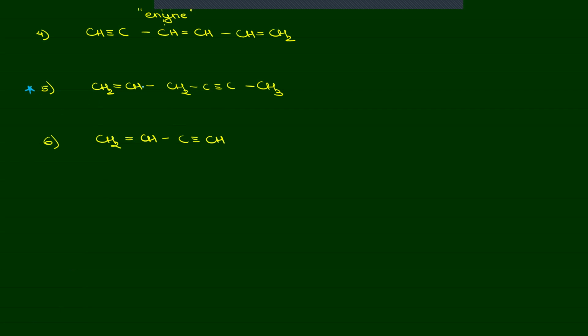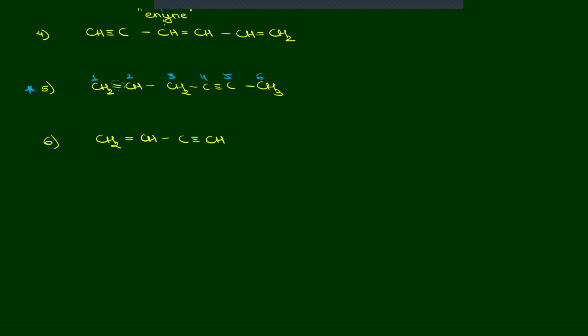If I number from the left hand side, my first multiple bond is the double bond occurring at position number 1. And from the right, my first multiple bond is the triple bond, which is occurring at position 2. The rule says number the chain such that the first multiple bond gets the lowest number, hence the correct numbering will be from the left hand side and not the right. So that's the first rule.